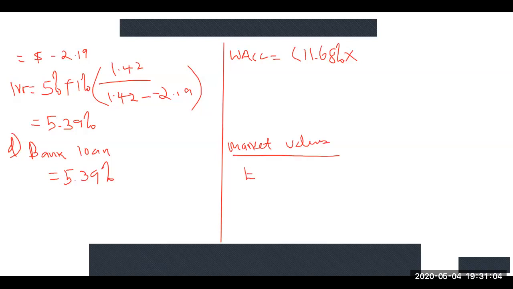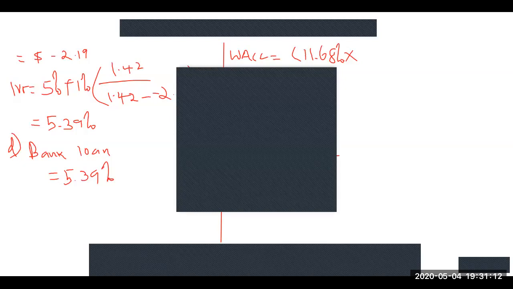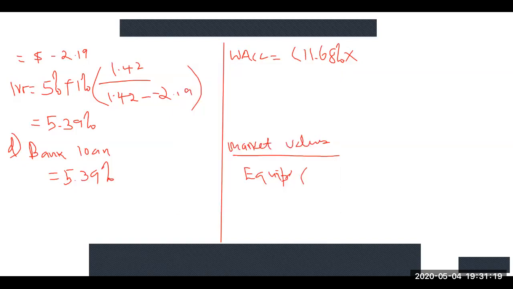Market values. We begin with equity. Okay, let me get a group. Esther, you did the workings for the market values, isn't it? No, not really. You didn't do that? I didn't get there.